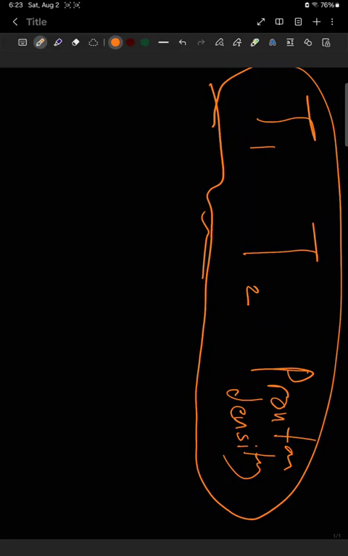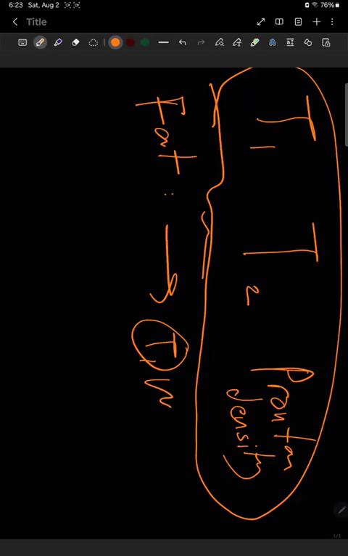For example, fat has short T1 and short T2. For this reason, in a T1 weighted image, it will show as bright tissue. Now, why do I say T1 weighted image? Because the image in MRI is either T1 weighted or T2 weighted, meaning it depends on T1 or T2.